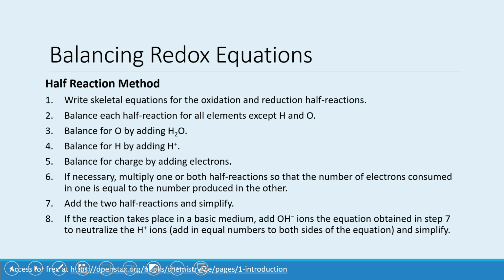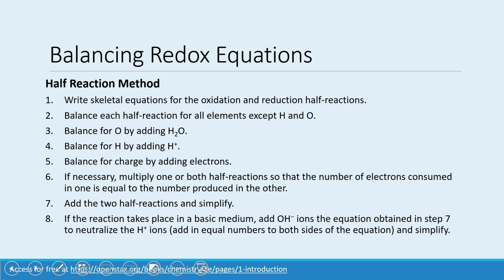We leave those two for last because when we balance the oxygen, we're going to add water molecules. And then when we balance the hydrogen, we're going to add hydrogen ions, that H+. Once all the elements are balanced, then we'll go back and add electrons to balance out that charge.